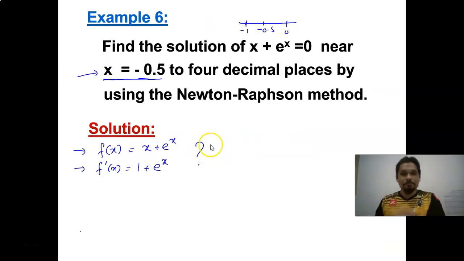Now our starting point is x naught equal to negative 0.5.